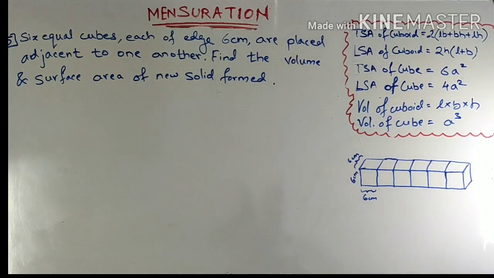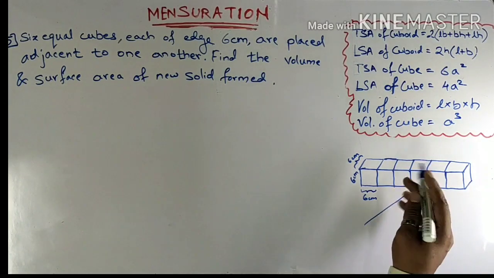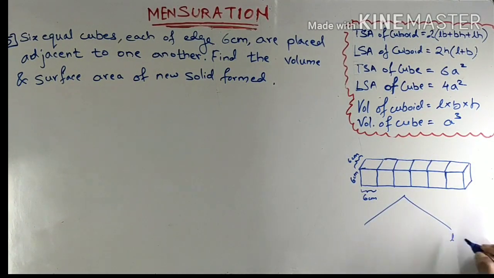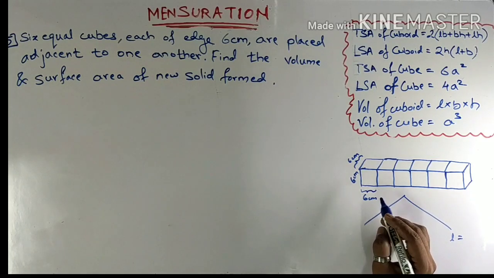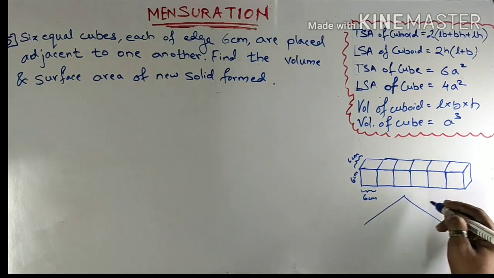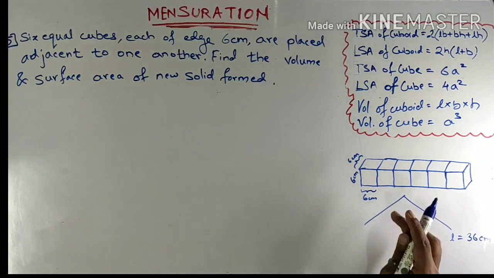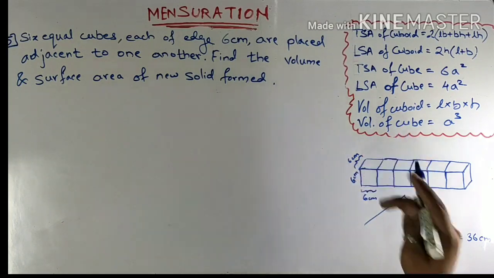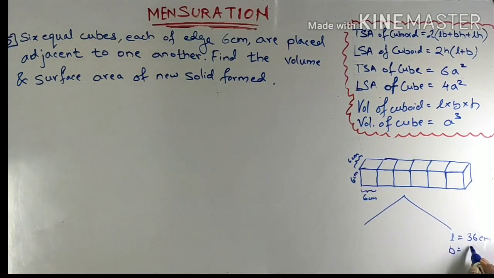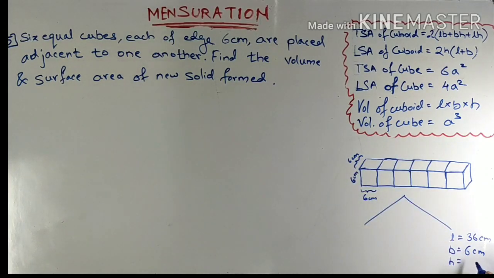So one of the ways is to just consider it as a whole cuboid and find its length. Length will be, this one is 6 centimeters, so 6 cubes will be 6 into 6, that is 36 centimeters. Breadth will remain the same, that is 6 centimeters, and height will remain the same because of this arrangement.